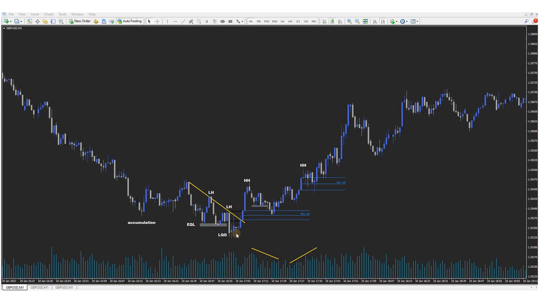So if I see that the break of structure to create a higher high is with increasing volume, but then price is calming down, so the volume is going down as well, it's for me the sign to look for an entry. The volume needs to be lower as we need to really see that this is like a calming down.